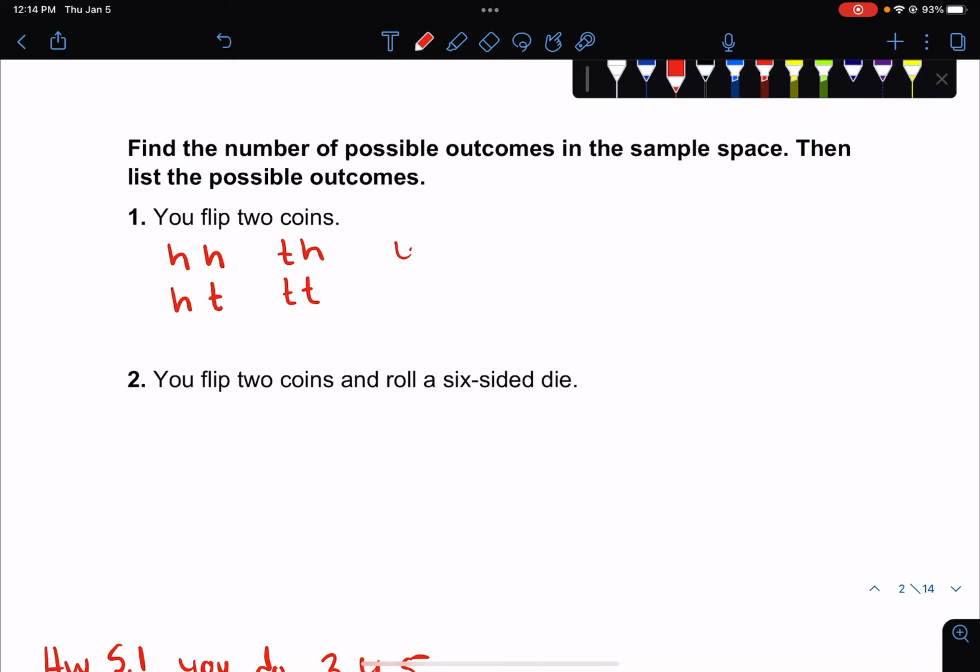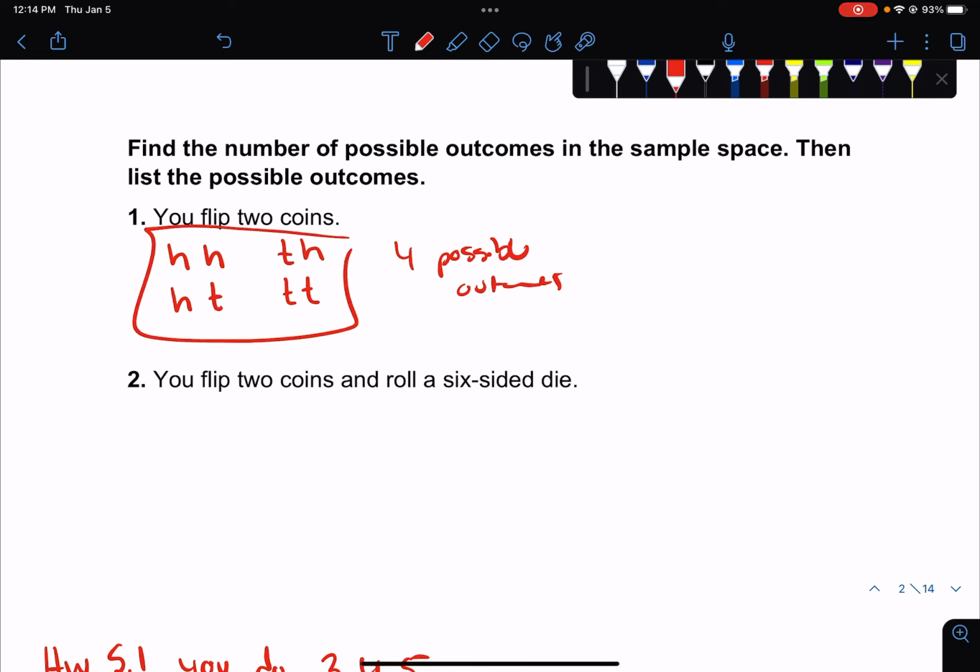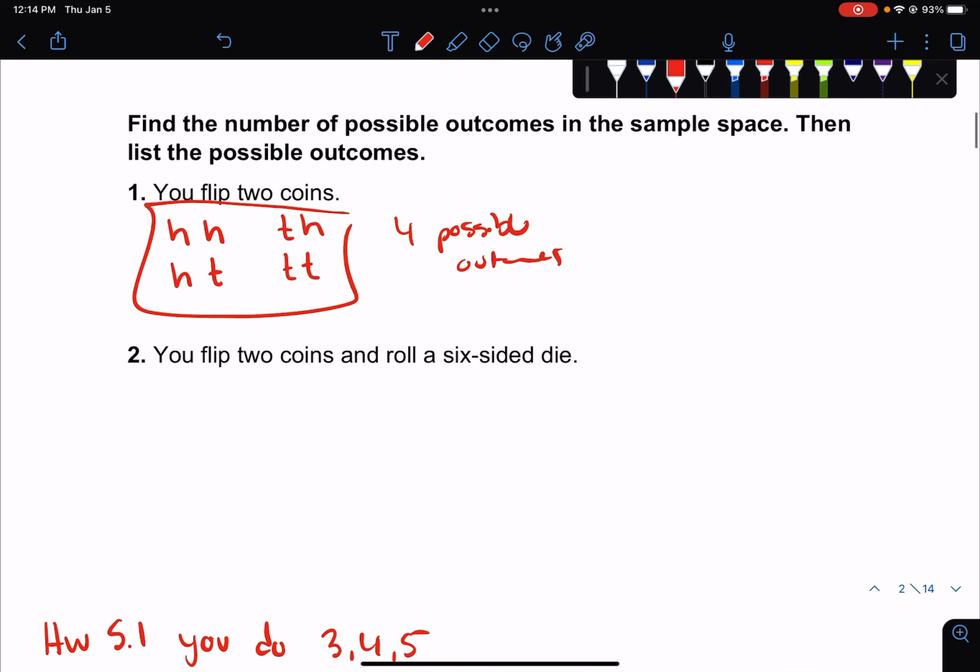So I have 4 possible outcomes, and those 4 outcomes make up my sample space, all right? Now, you flip 2 coins and roll a 6-sided die. So instead of just flipping 1 coin, I'm flipping 2 coins, and on top of that, I'm rolling a 6-sided die.